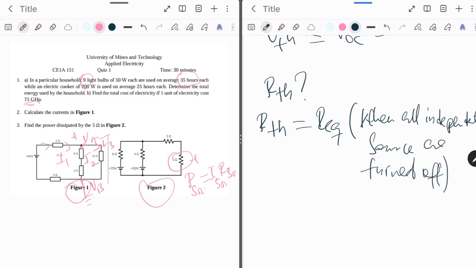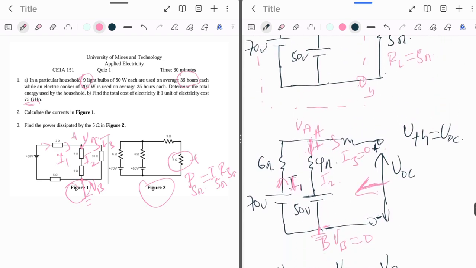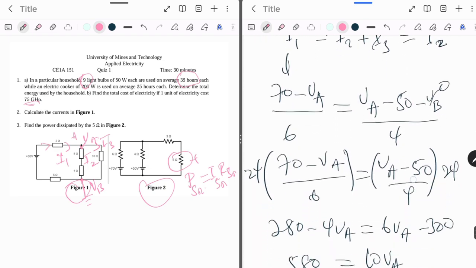So we go to the sources. You can see that in the circuit diagram that I have here, with the load here, I have two voltage sources, 70 volts and what, 50 volts. So I'm going to turn them off.